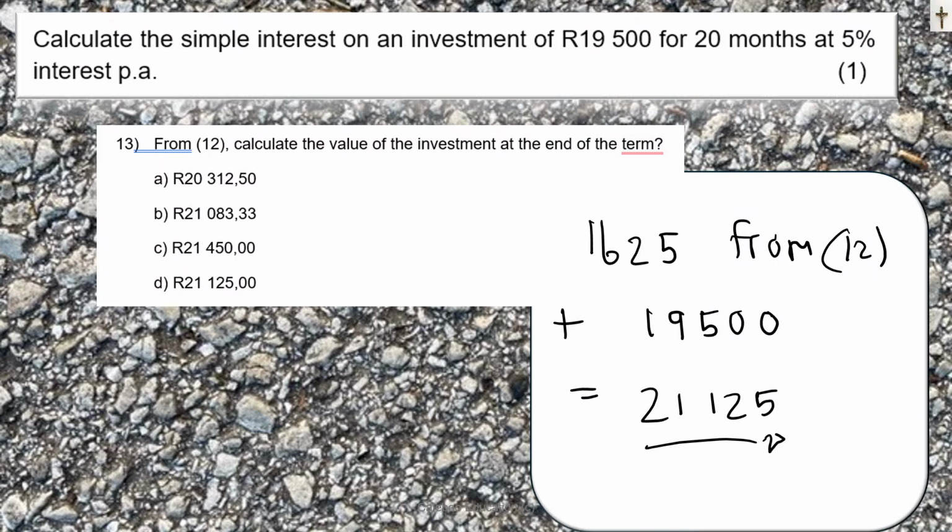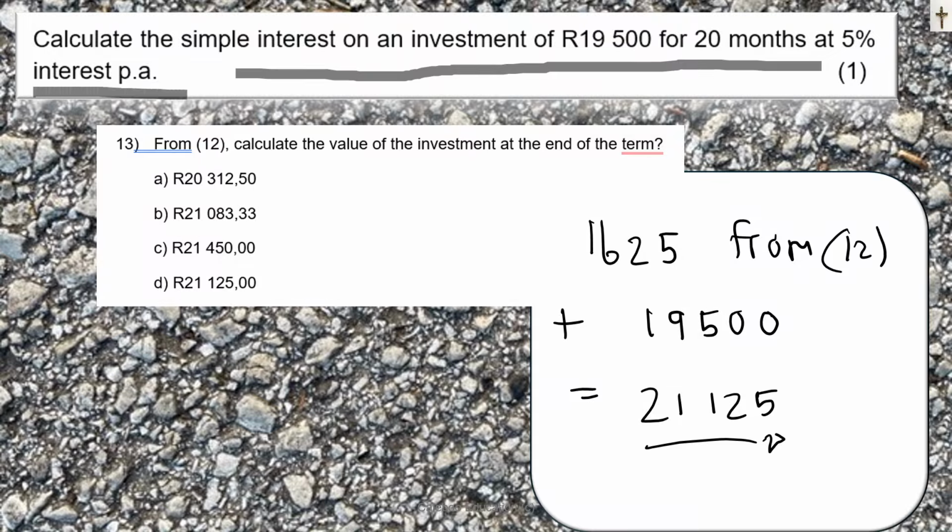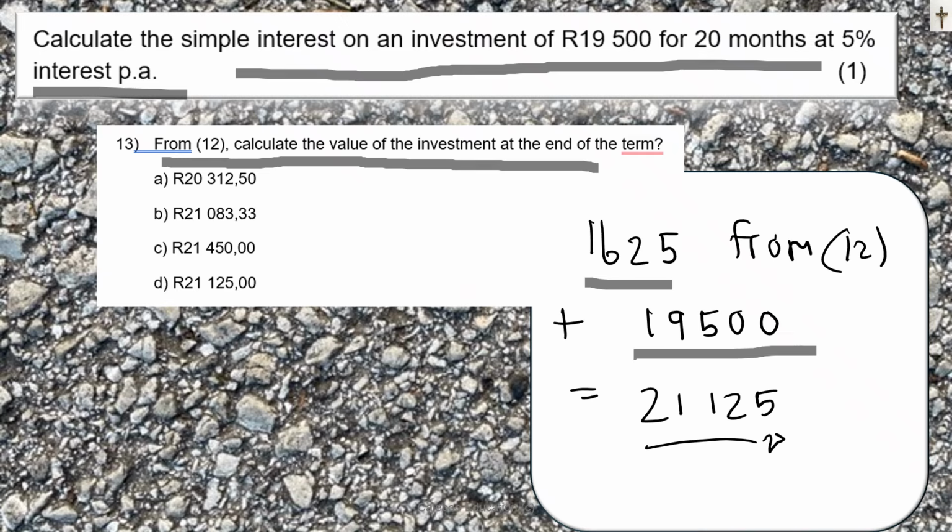Now often questions follow on in this section. Let's see what happens now. It says calculate the simple interest on an investment of 19,500 for 20 months. That was the previous question. Then it says from that question calculate the value of the investment at the end of the term. So from the previous question, the interest was 1625. What was invested? 19,500.